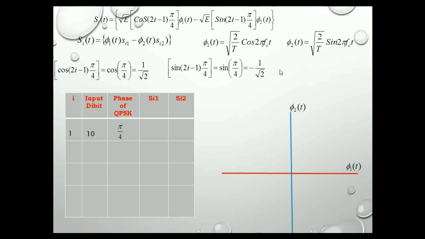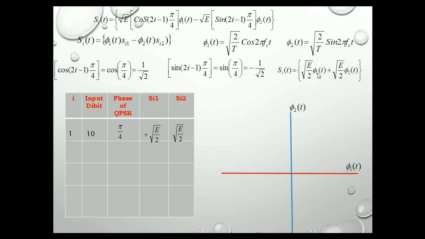So applying this, we get s_i of t as equal to square root of E by 2 psi1 of t plus square root of E by 2 psi2 of t. So I can say my s_i1 will be plus square root of E by 2. Similarly, s_i2 will be square root of E by 2.